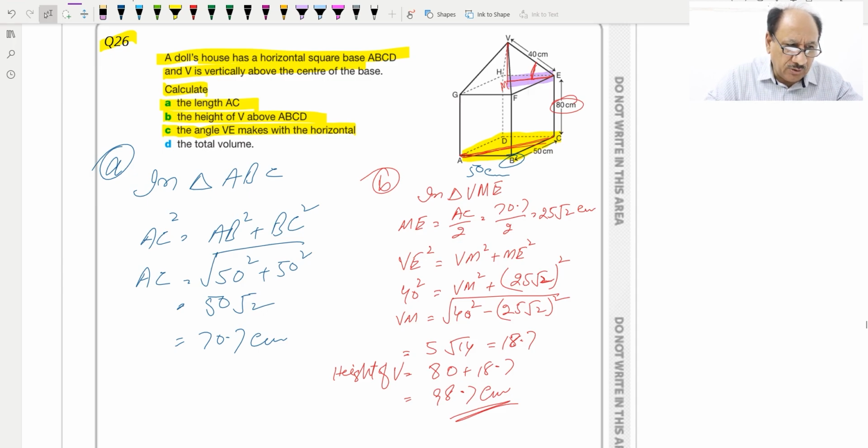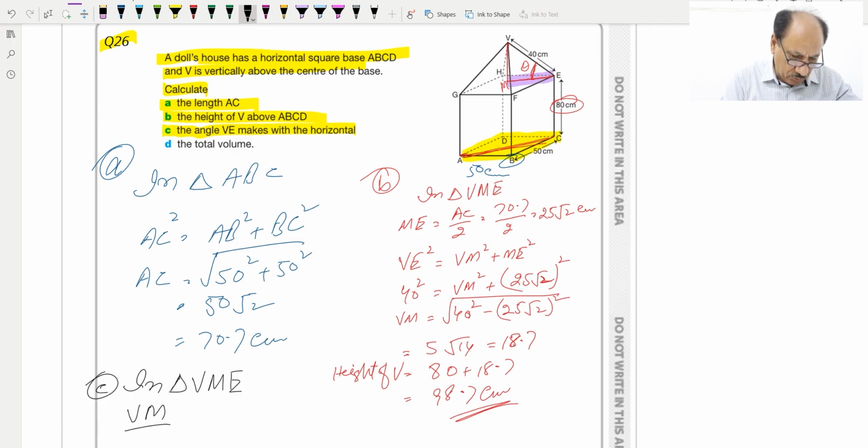This is theta which we can take, and for C part we are in triangle VME, with the right angle at M, so we can apply trigonometry. VM over VE will be equal to sine of theta.